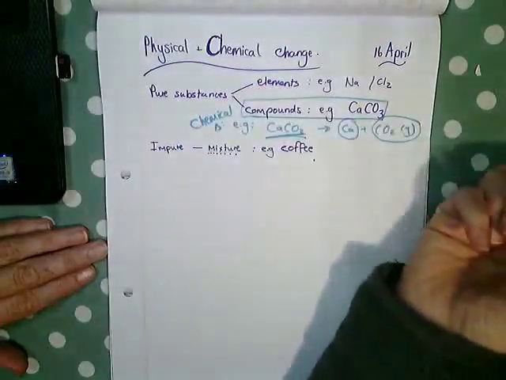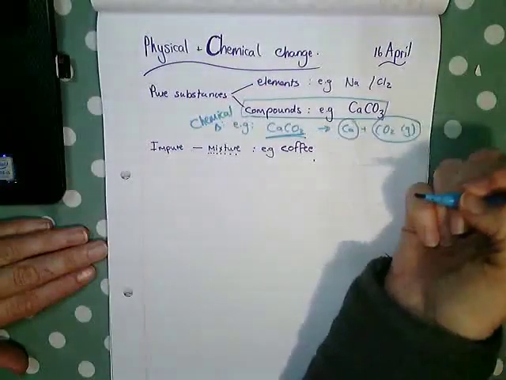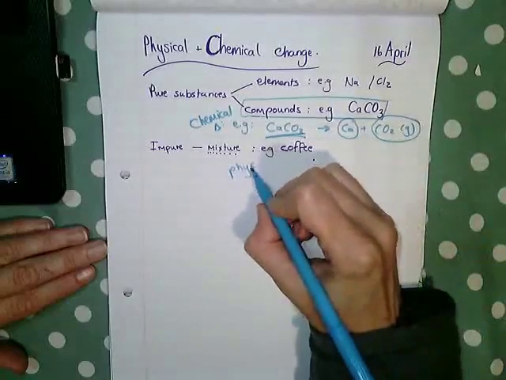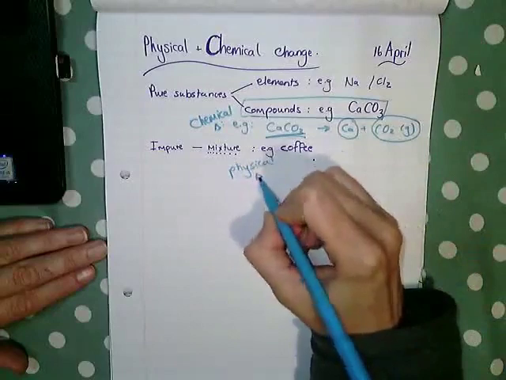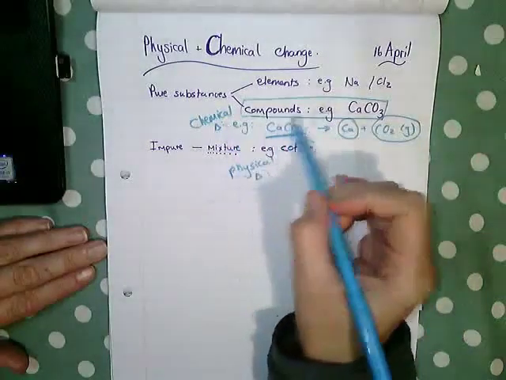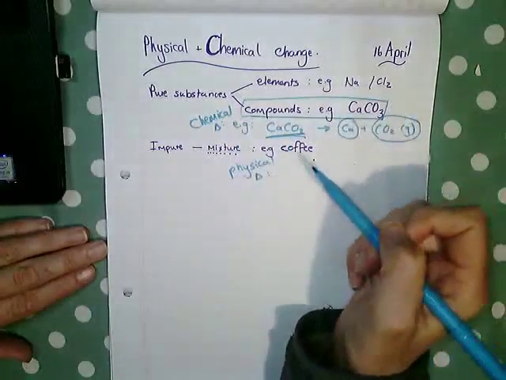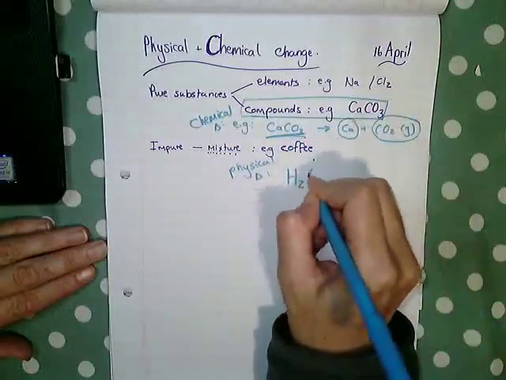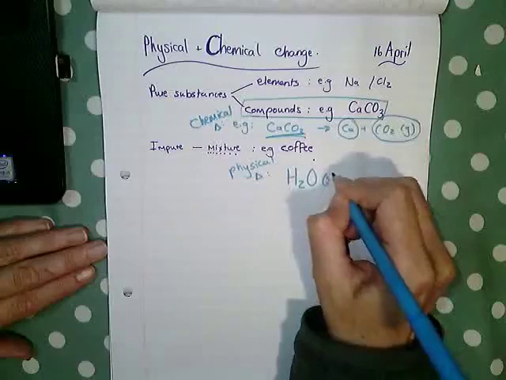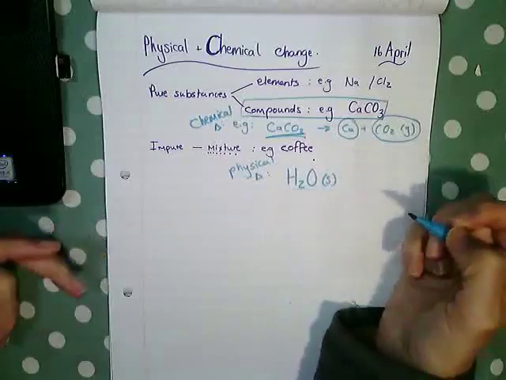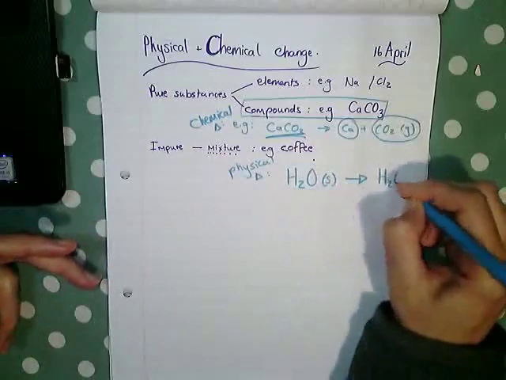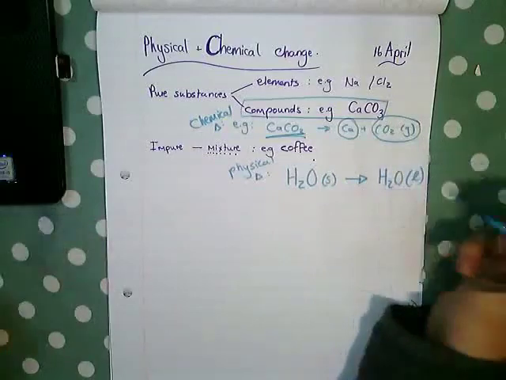If we have a physical change, then what that substance is doesn't change. So, for example, we have water that is a solid, so it's ice, and that ice melts to form water in a liquid state.